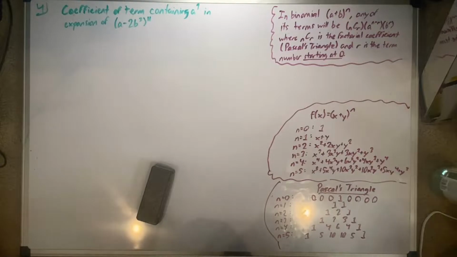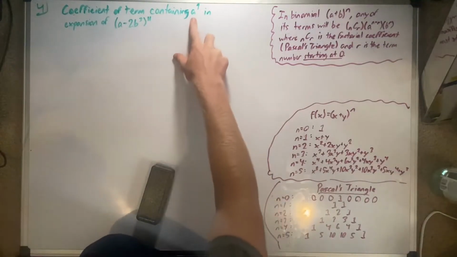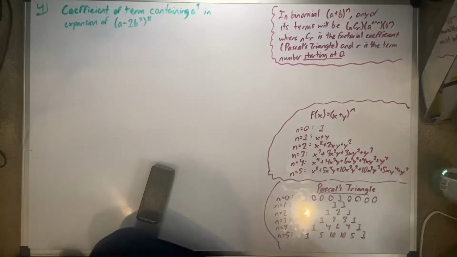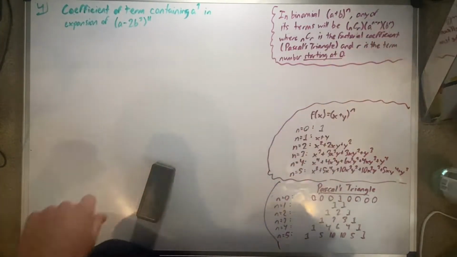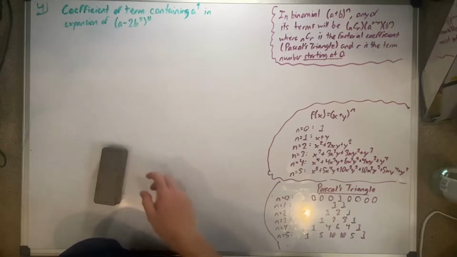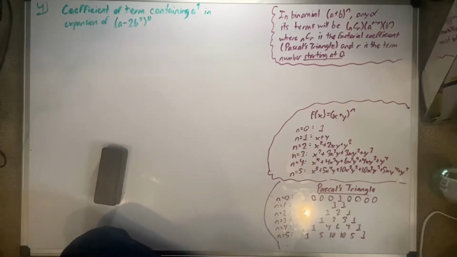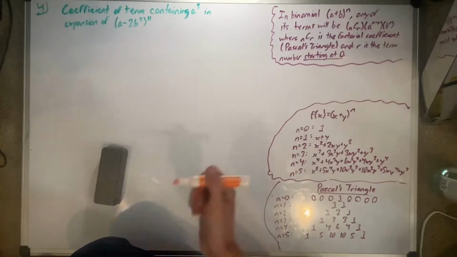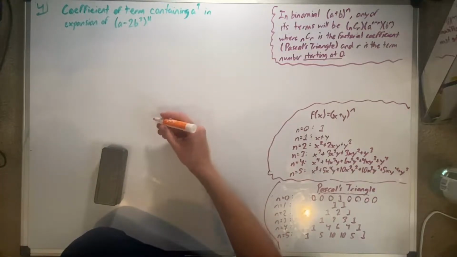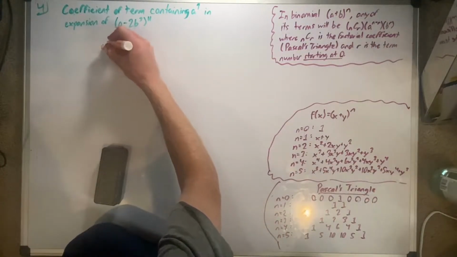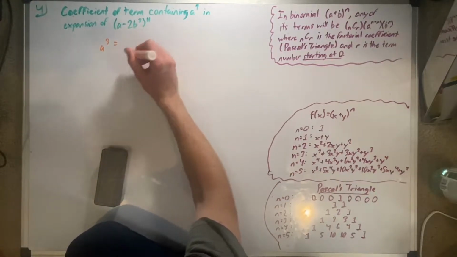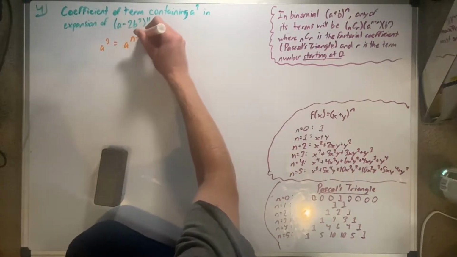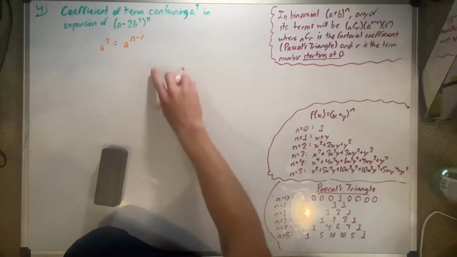So if we want to find a term containing a to the 3rd power in the expansion of this, if we followed this, it could help us find that. So what we're trying to find here, I'm going to grab my orange, is a term where we have a to the 3rd. Now, a to the 3rd, we want to be equal to a^(n minus r), and we want to find that r value.